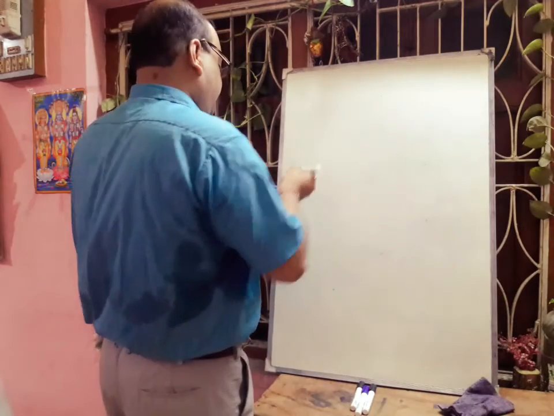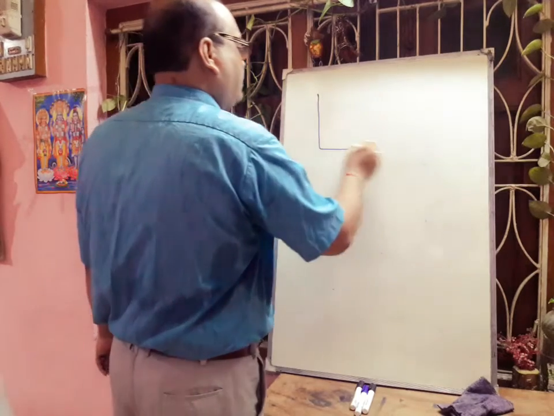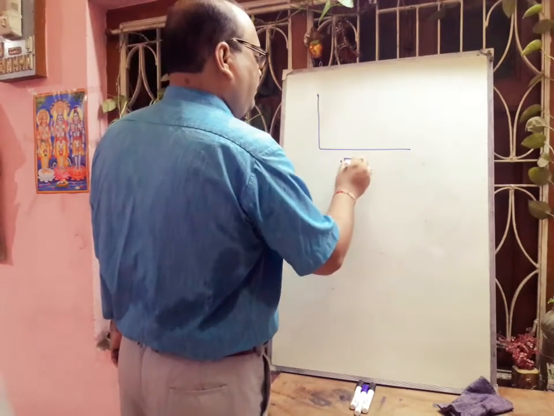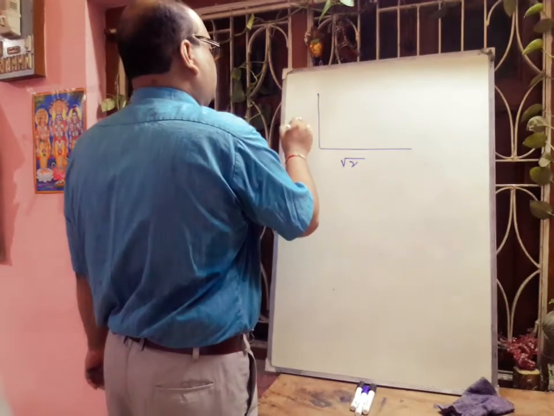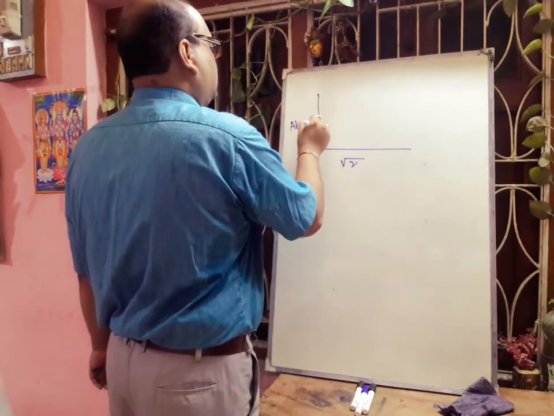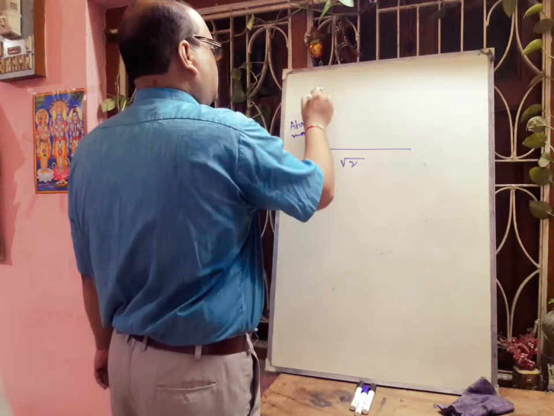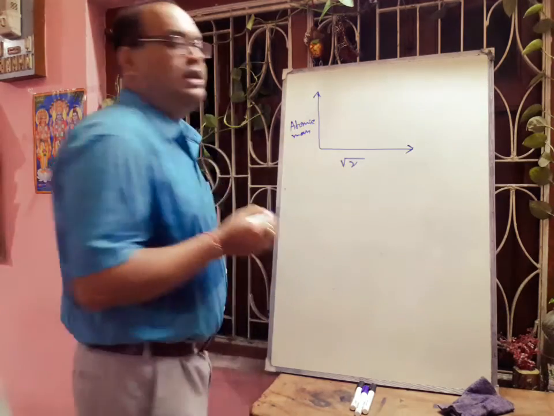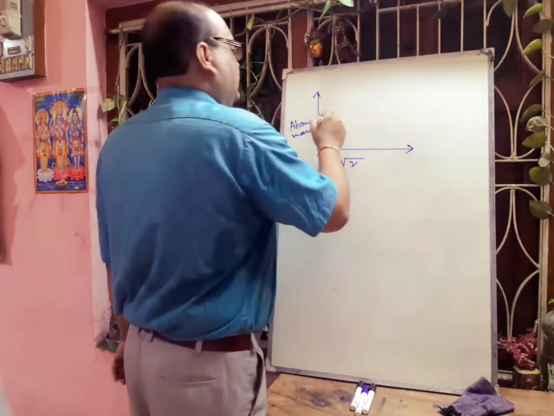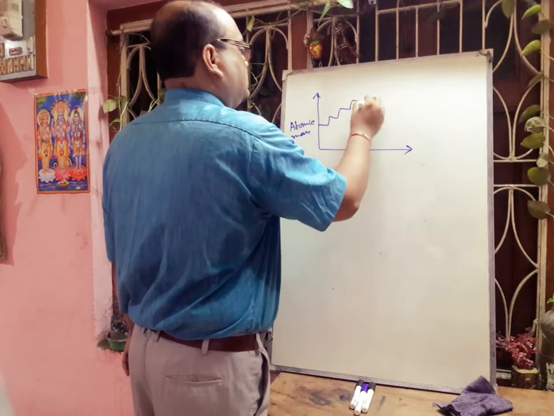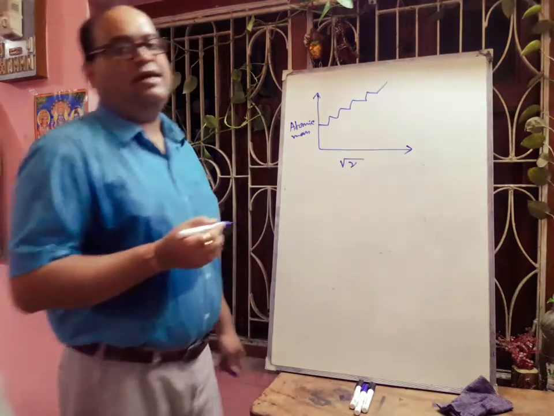In case of root nu, frequency, versus atomic mass, we will get a zigzag line like this. This is not a linear function.